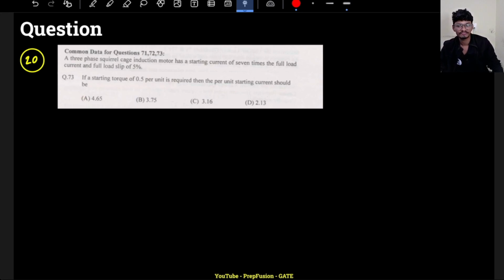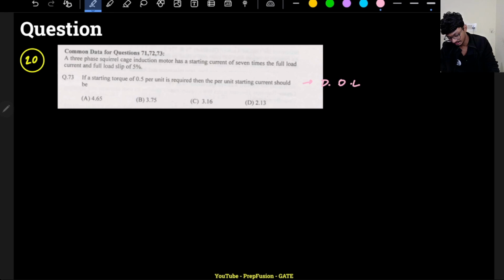If they have mentioned nothing about what kind of starter I am using, I will assume again direct online starter. In direct online starter, they're asking me the starting current per unit. How do I find it out? I starting pu will be equal to ISC, the actual value, upon the full load current.